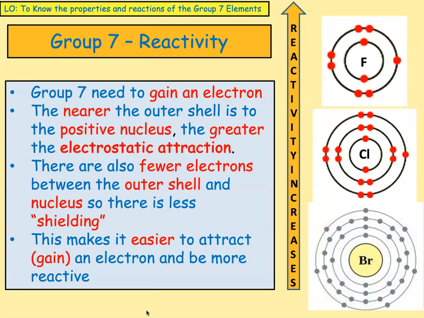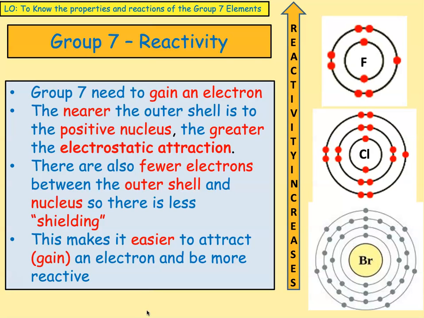The nearer the outer shell is to the positive nucleus, the greater that electrostatic attraction force is. There are also fewer electrons between the outer shell and the nucleus, so there are fewer electrons getting in the way of that force.